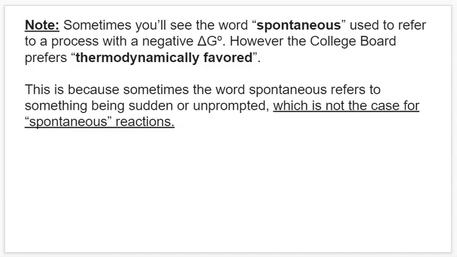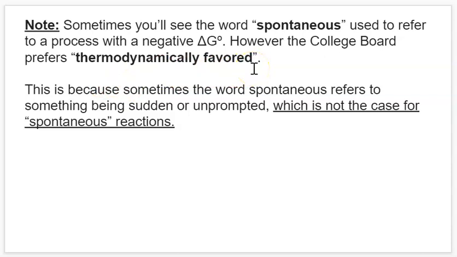So a quick note here is sometimes you'll see the word spontaneous associated with something with a negative delta G. And this means the same thing as thermodynamically favored, but the College Board prefers this as the terminology to use. So you'll see spontaneous pop up a bunch, but when we're talking about it on the AP exam, please make sure to use the words thermodynamically favored.